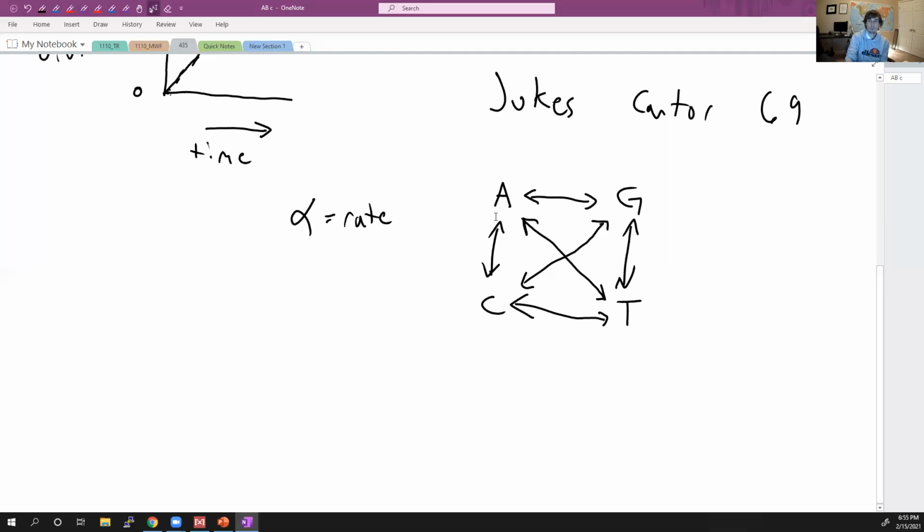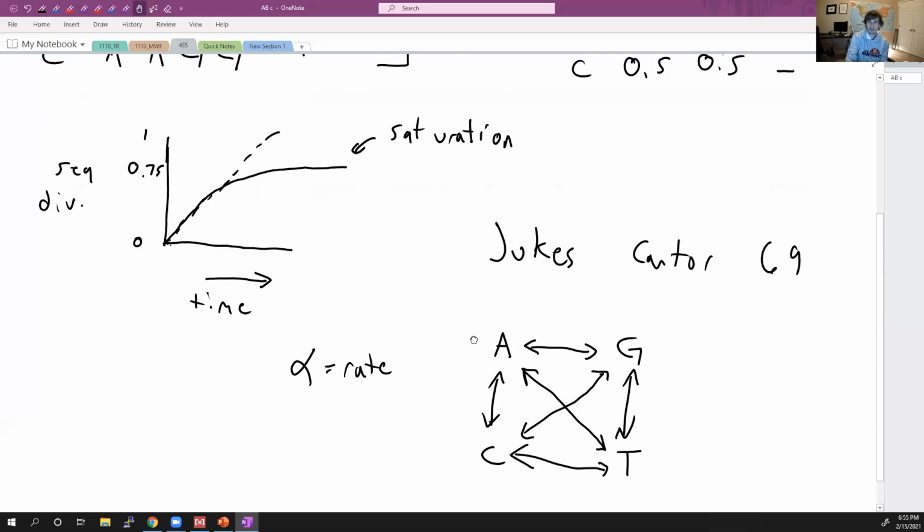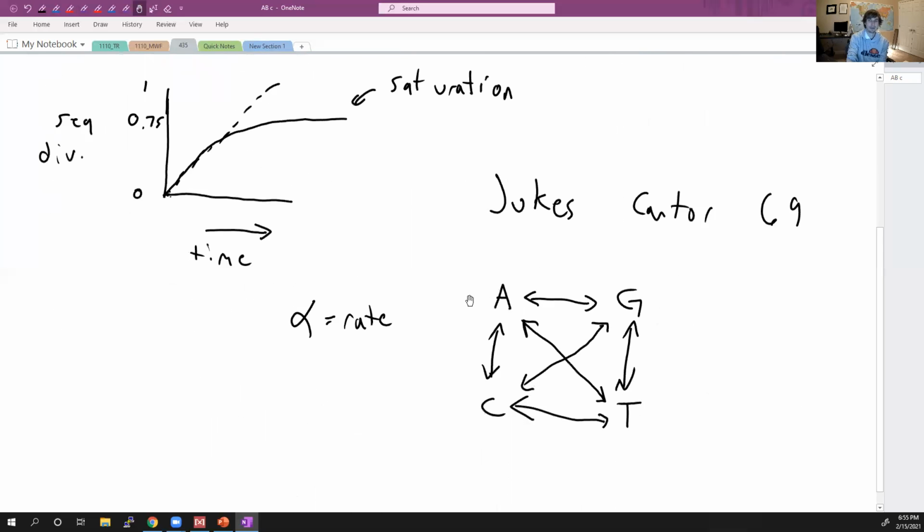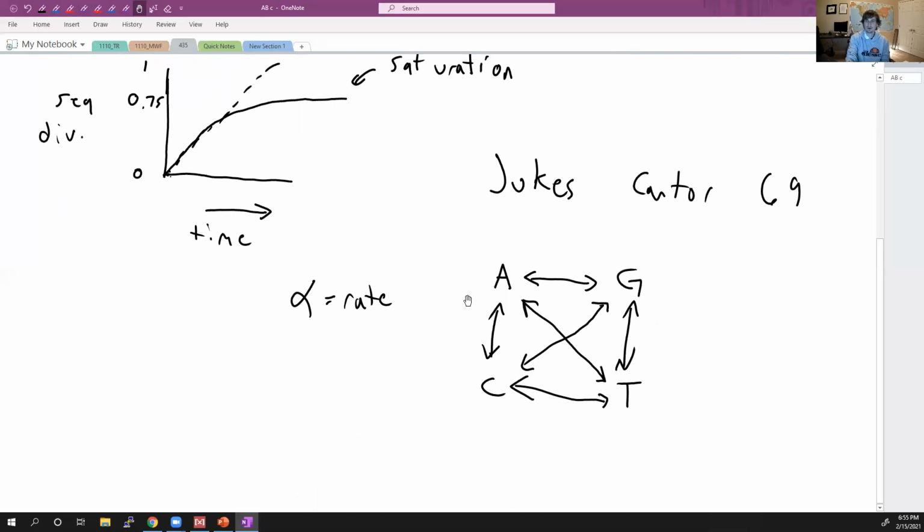So this raw pairwise distance that I came up with is probably an underestimation, because we're not accounting for chances where G changed to a C and then changed back to a G. We're not taking into account, I guess, invisible mutations.